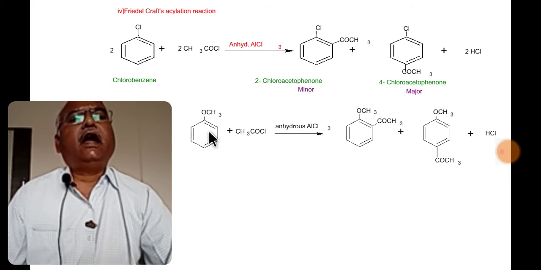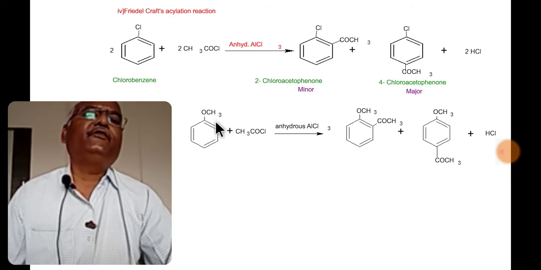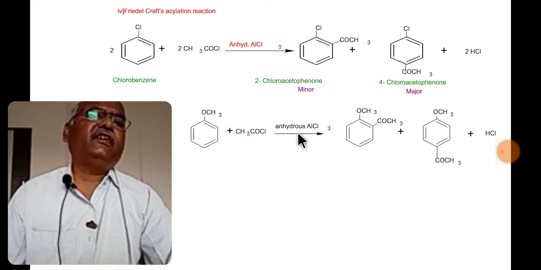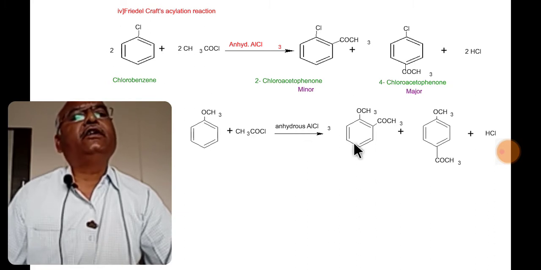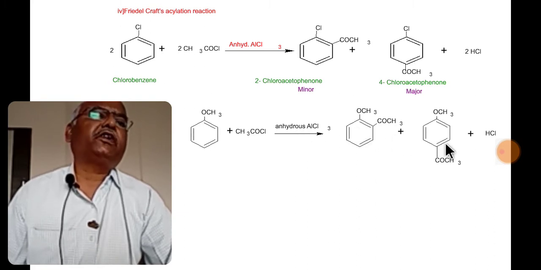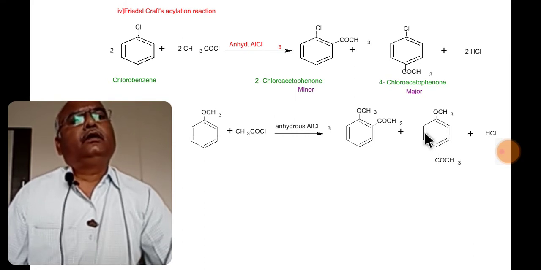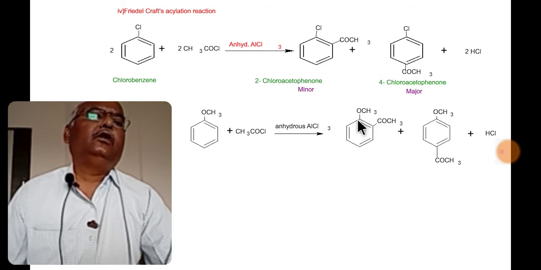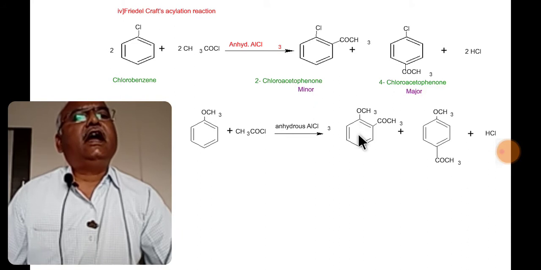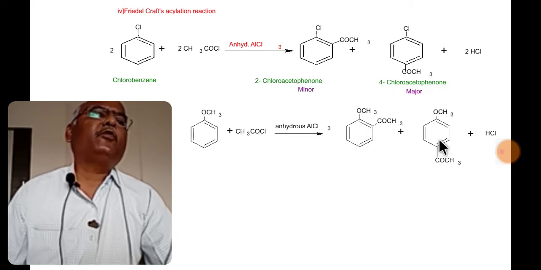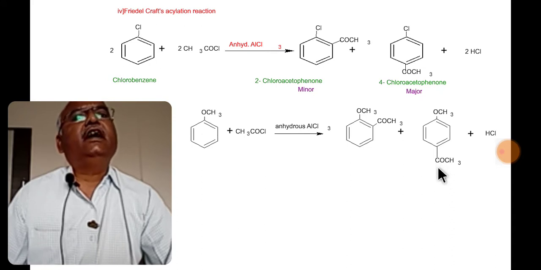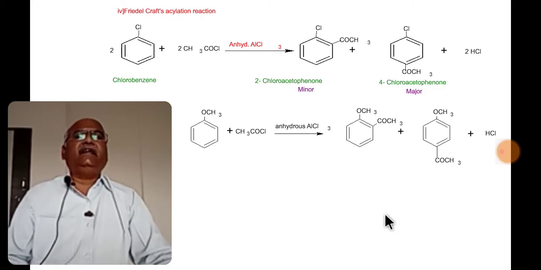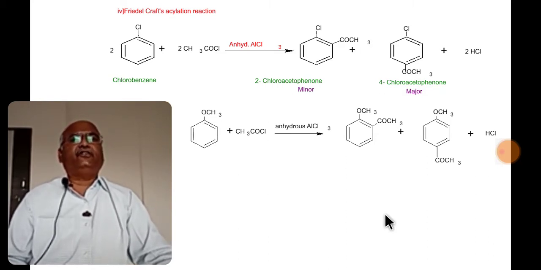Similarly, anisole, that is methyl phenyl ether, reacts with acetyl chloride in presence of anhydrous aluminum chloride to give ortho product and para product. The ortho product is 2-methoxyacetophenone and para product is 4-methoxyacetophenone. So this is about Friedel-Crafts alkylation and acylation reaction.